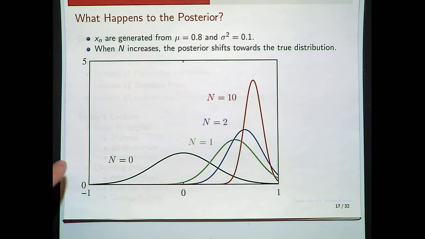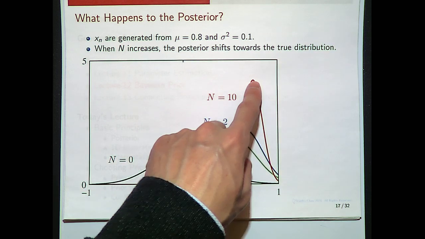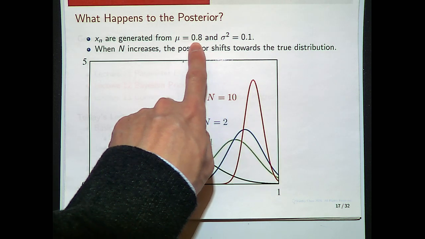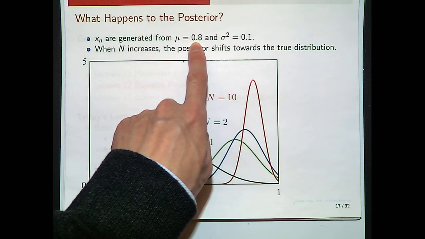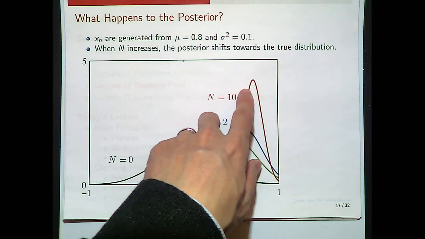So when n is 0, you just rely on the prior. As n grows, you can see that this posterior distribution will approach the distribution that you want. And so you ask, what is the best fit to my data points according to my posterior distribution?